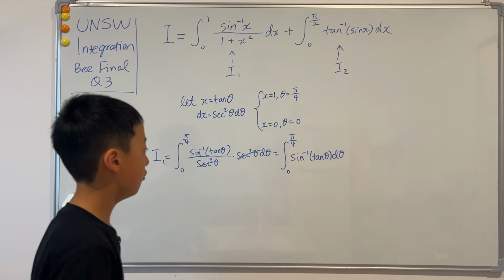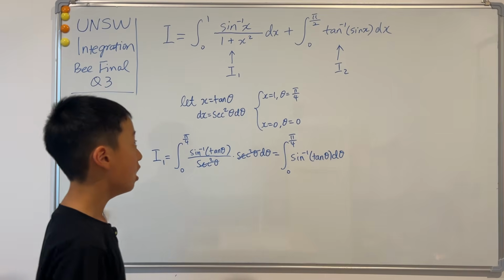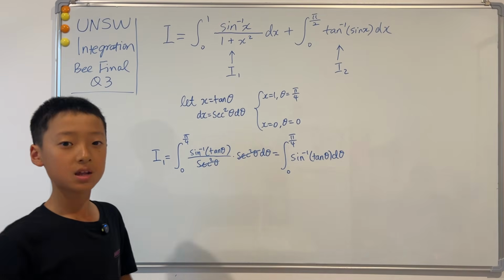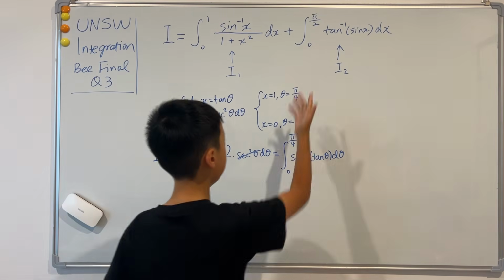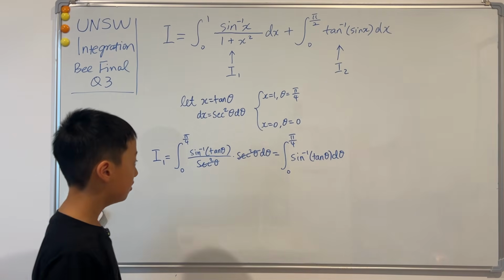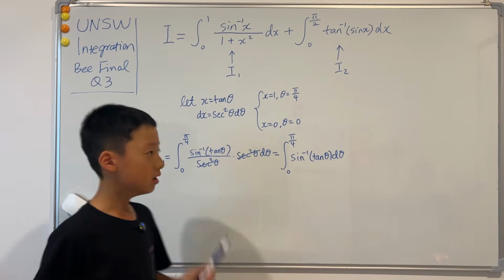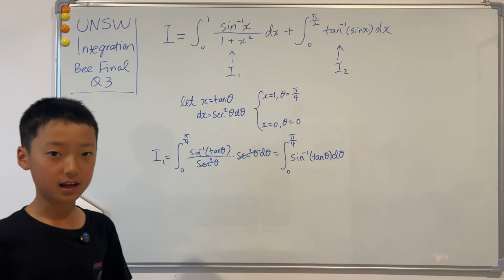Okay, so now we can see that the integrand of I1 and the integrand of I2 are actually inverses, but they are only inverses on our domain. So how does this help? Well, if you watch one of my old videos, maybe a few months ago, I explained something like this.